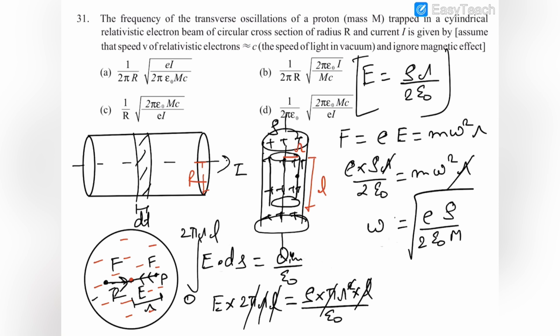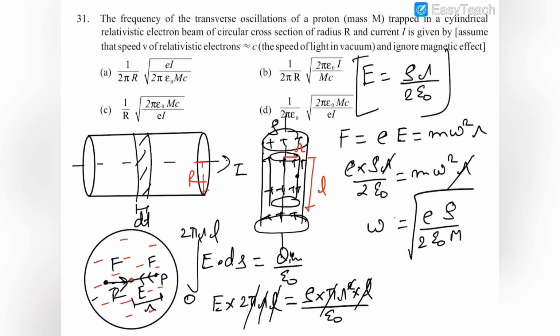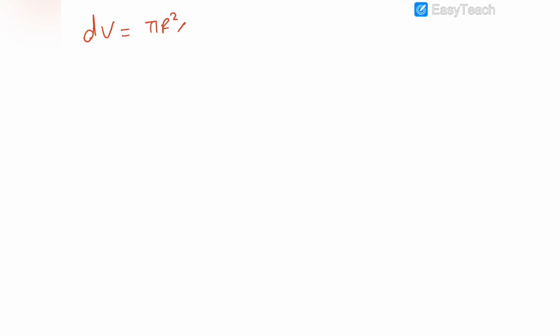Let us write down the volume of this cylinder. So the elemental volume of that cylinder will be pi r square into dx.